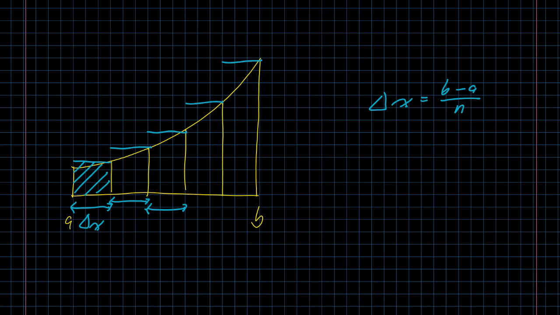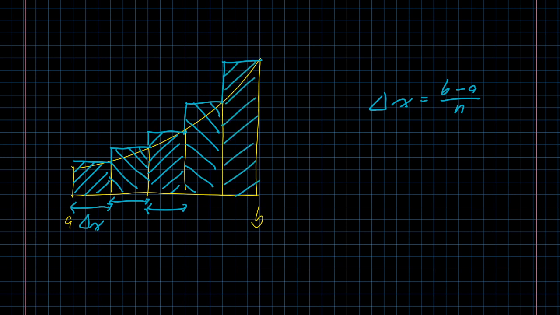So each of those intervals is B minus A over n. And I'll shade these in alternate diagonals to kind of get the picture.